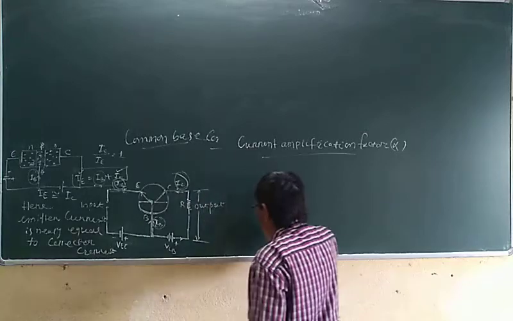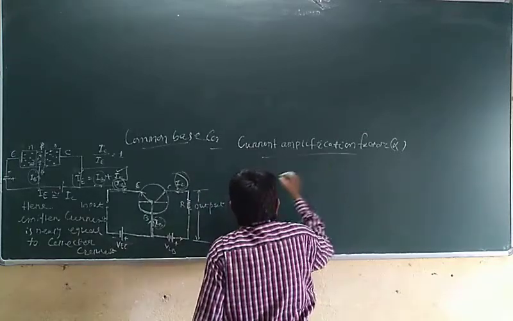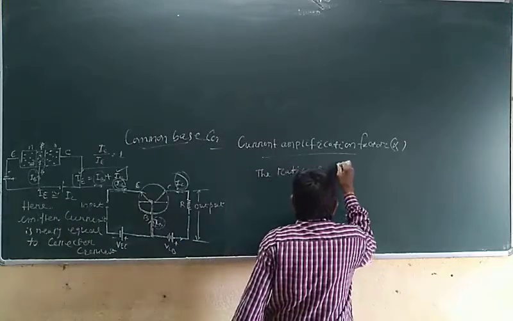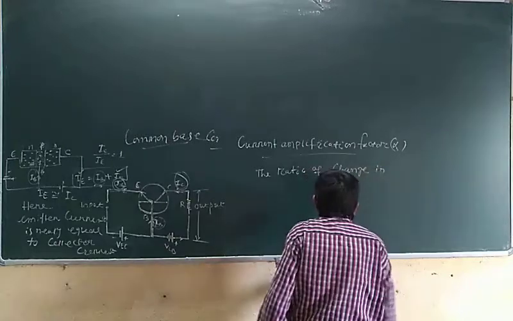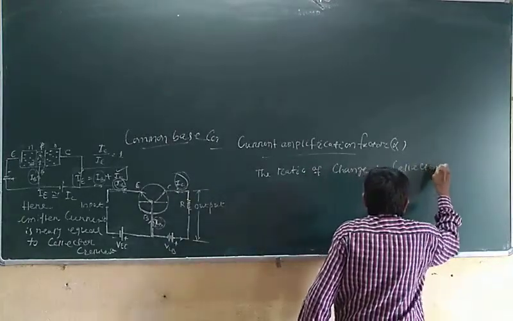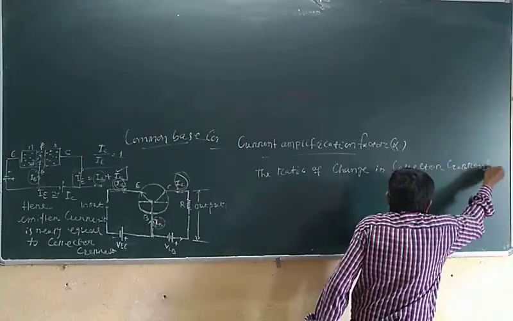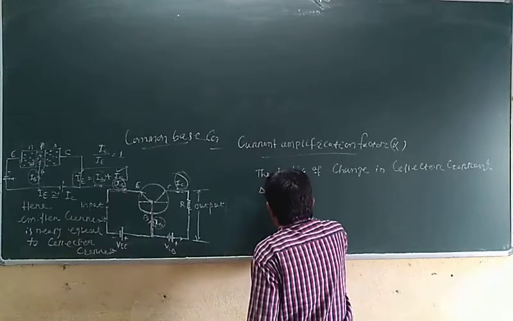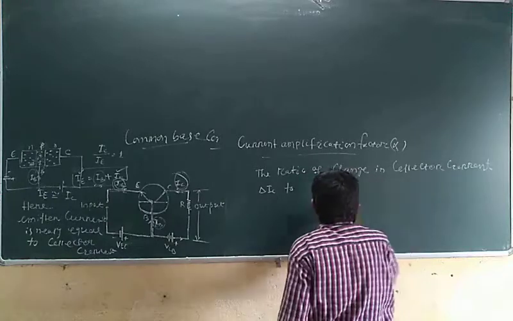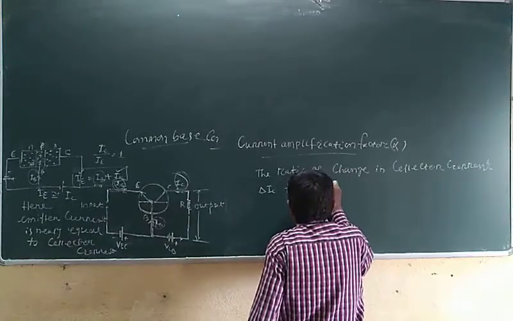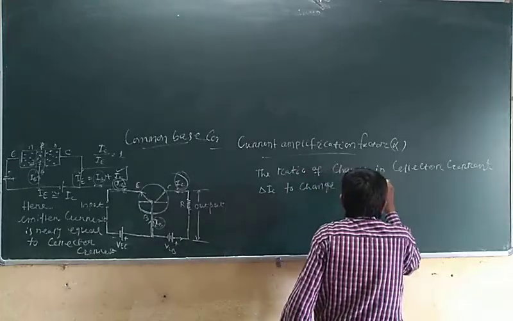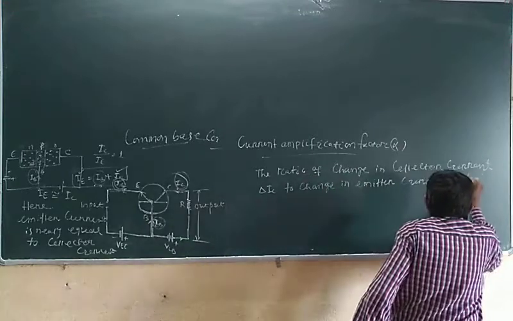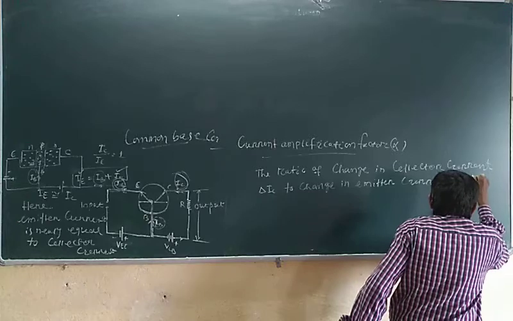Alpha is the ratio of change in collector current, del IC, to the change in emitter current, del IE.